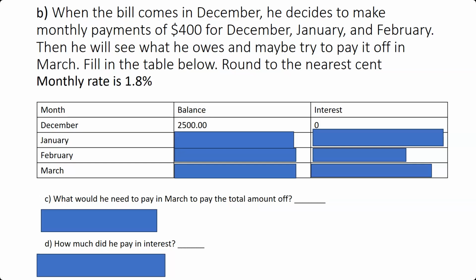Notice that December he has balance $2,500 and he doesn't have any interest. If he paid that $2,500 off, no interest. But instead, he's just going to make $400 payment. So in January, the beginning balance is that $2,500 minus the $400, or $2,100. You only pay interest on what that balance is in January.